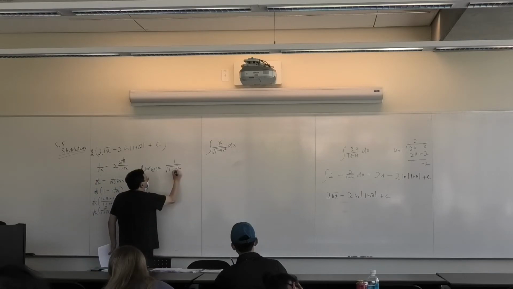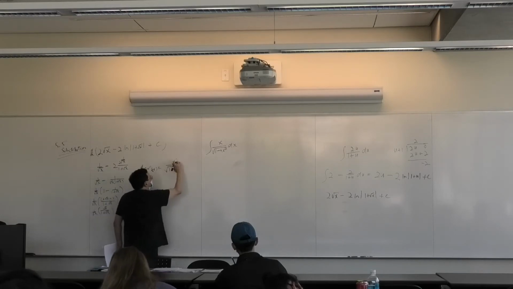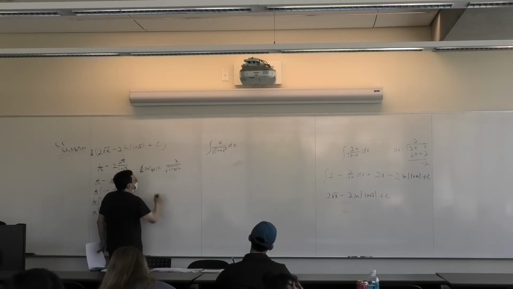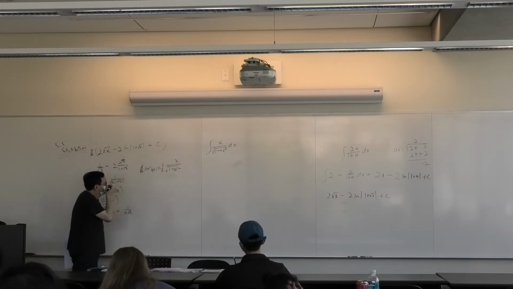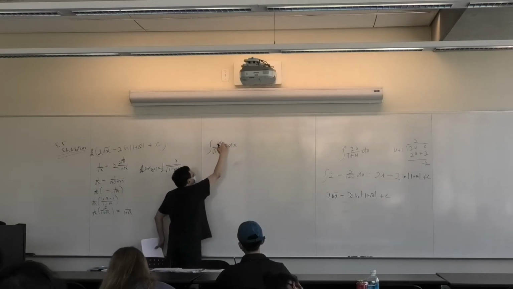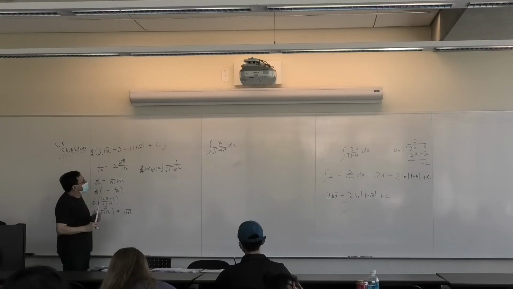This would become 4, but I'd have to multiply by the derivative of 2x, right? Chain rule. So if I started off with 1/2, that would go away. Again, that would, but there's still an x here. It's not exactly obvious what to do here.